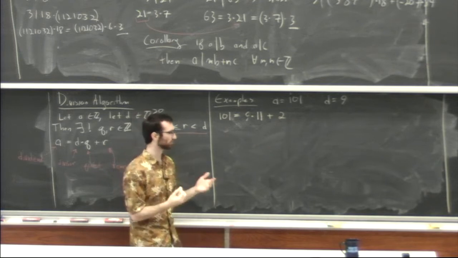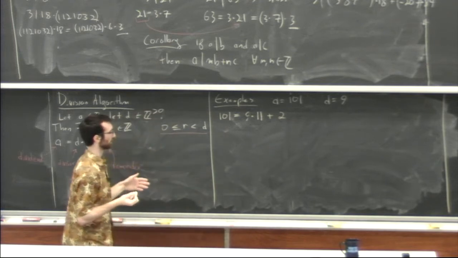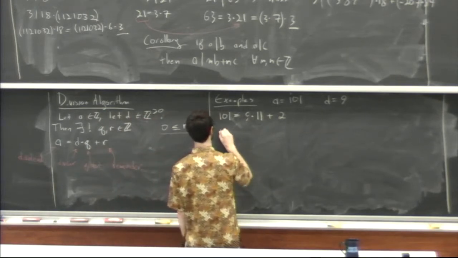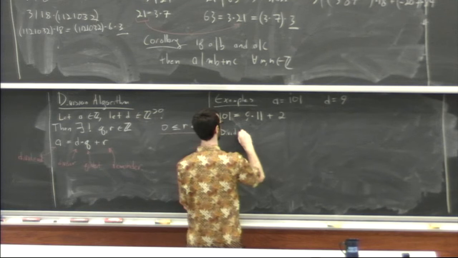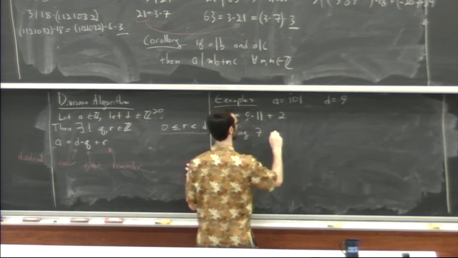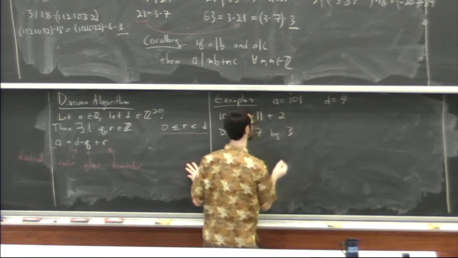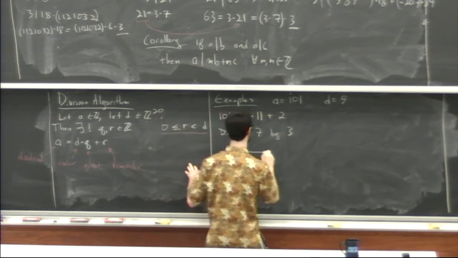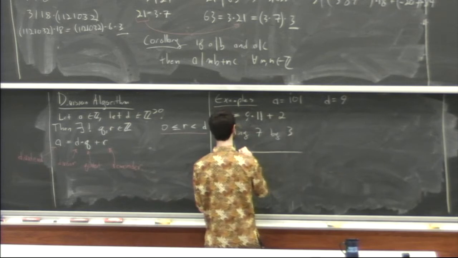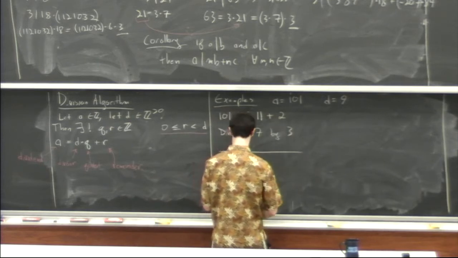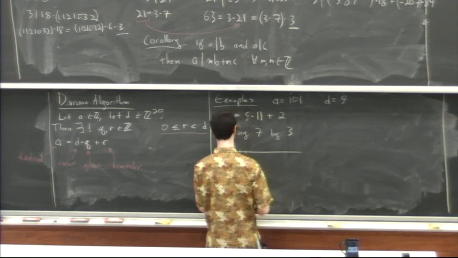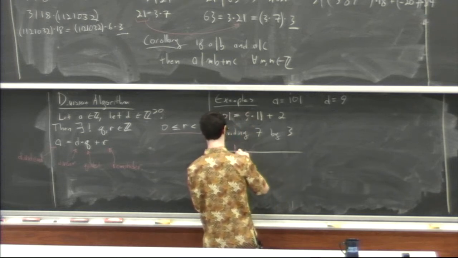There's a very graphic way of visualizing what's going on using the number line. So let's think about dividing 7 by 3. So visually, what I'm thinking about when I do this modular arithmetic is I'm picking out all of the multiples of 3. 0 is a multiple of 3.